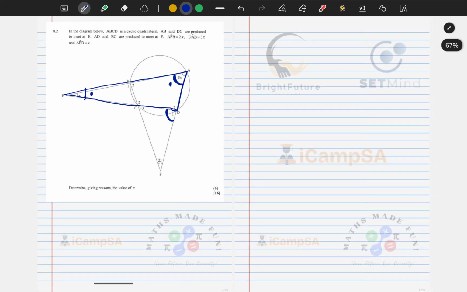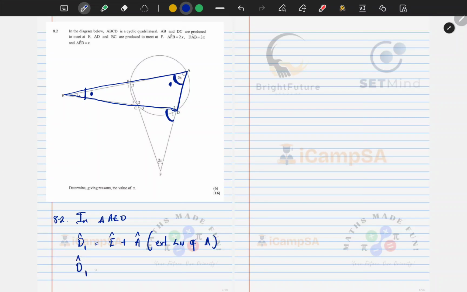Great. So we are dealing with 8.2. We don't have to write that, but we can: in triangle AED, D1 is going to be equal to your angle E plus your angle A, and the reason is exterior angle of a triangle.